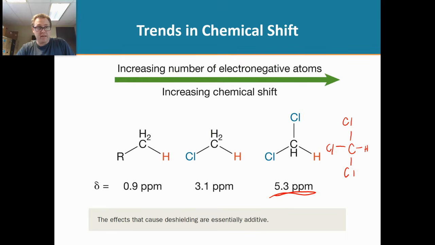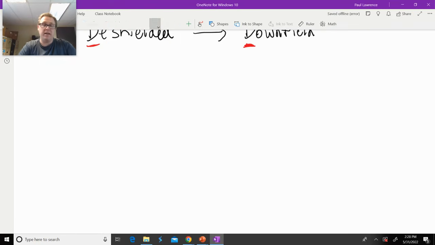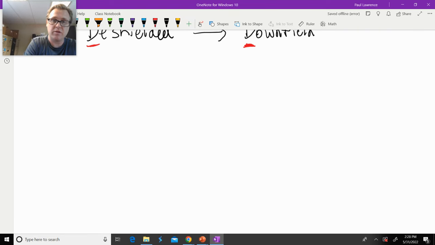Another aspect to consider when we're looking at inductive effects is what if I have a molecule, let's do that in black. We have a molecule here, and there's our hydrogen. Let's just look at one of these. There's a hydrogen here, here, here.